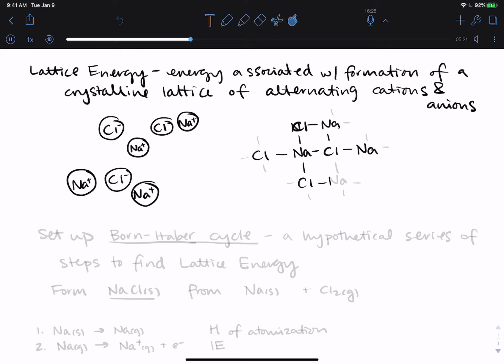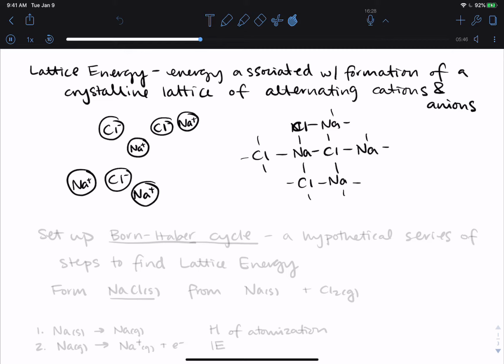But it's all in this crystalline lattice, and it just keeps going out in this really extended structure. And so this is so favorable, you get a lot of energy out from it. So we need a way to figure out what that energy value might be.